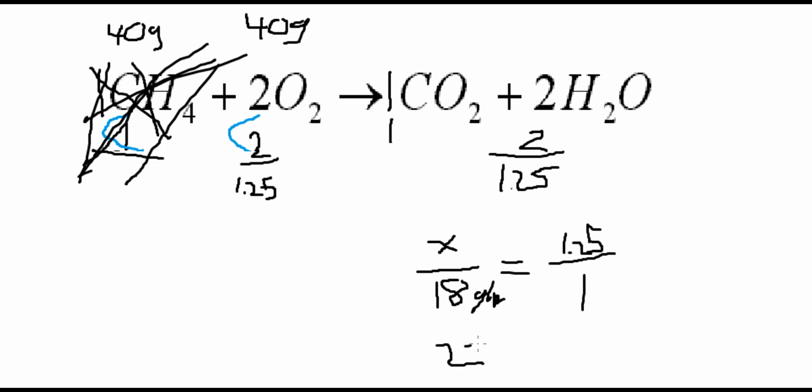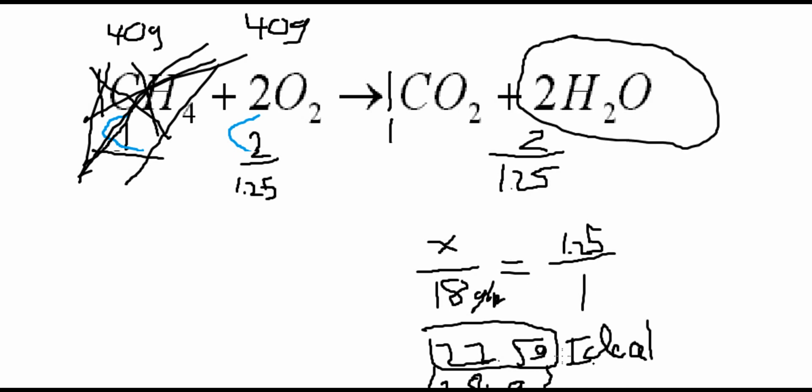So we figured that we would make 22.5 grams of H2O with 40 grams of CH4 and 40 grams of oxygen. And that right there is our theoretical yield.